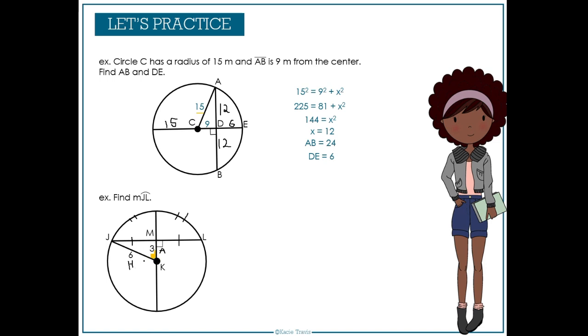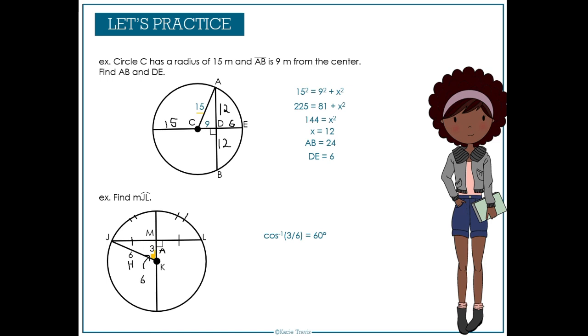So we're going to have to do our inverse cosine to find this angle. And once we find this angle, we could figure out this arc. So when we do the cosine inverse of 3 over 6, that's going to give us 60. So that means this little orange angle that we have here is 60.